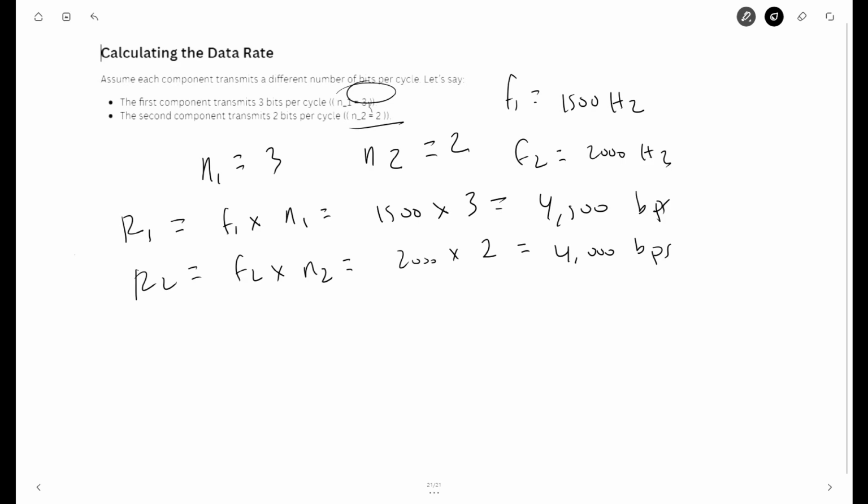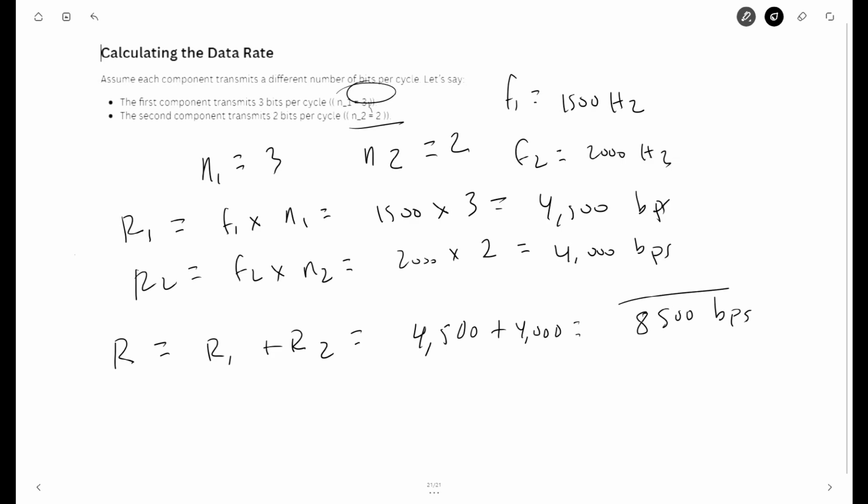But remember from a previous video that total R is equal to R1 plus R2. Each signal contributes a different data rate, and we add them together to find the total data rate. So 4500 plus 4000 is equal to 8500 bits per second.